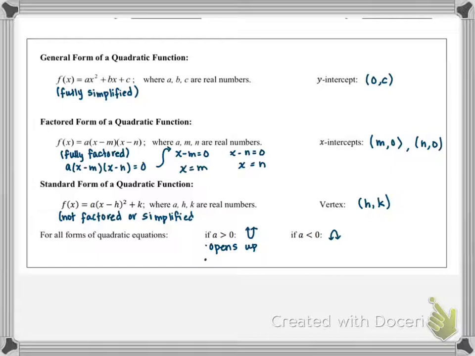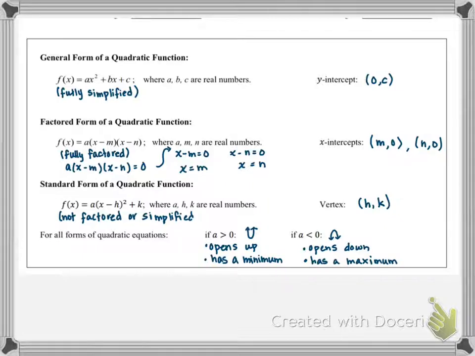And the most interesting thing we get from the fact that it opens up is that it has a minimum. It has a local minimum, but no local maximum. And if it opens down, it has a maximum, but no local minimum.